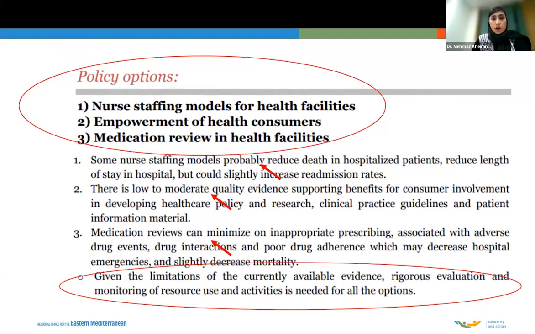But here, when you talk about different models for nurse staffing, it's not a kind of policy option. You don't have any message here. And the reader of your policy brief cannot understand what is the best model, what are the options of different models that can be used to address the problem.